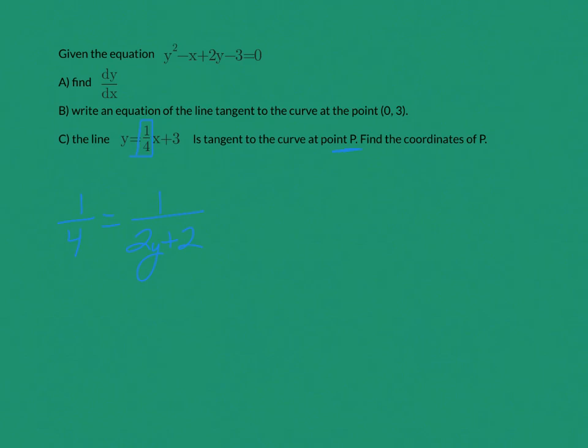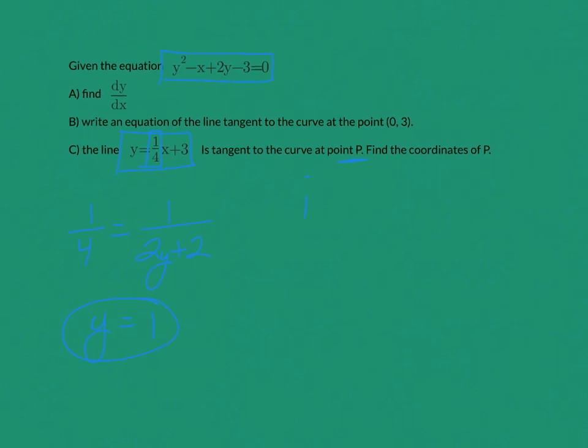So using that equation, we can figure out what y is. If we do that, y actually becomes 1. Now we need to figure out what the x value is at y equals 1. This is where this started to mess up a little bit, because if we go back to the original function and I put in y equal to 1, I get 1 squared minus x plus 2 times 1 minus 3 equals 0.